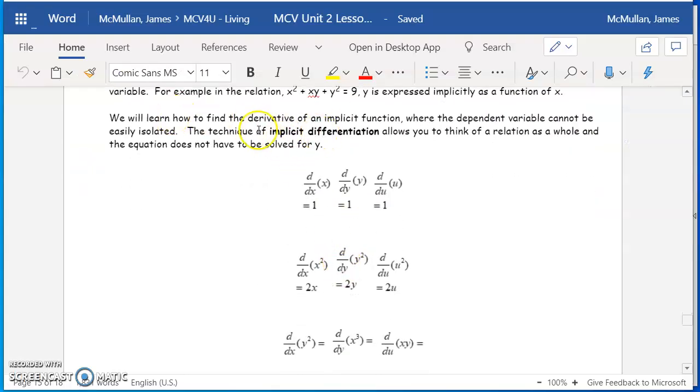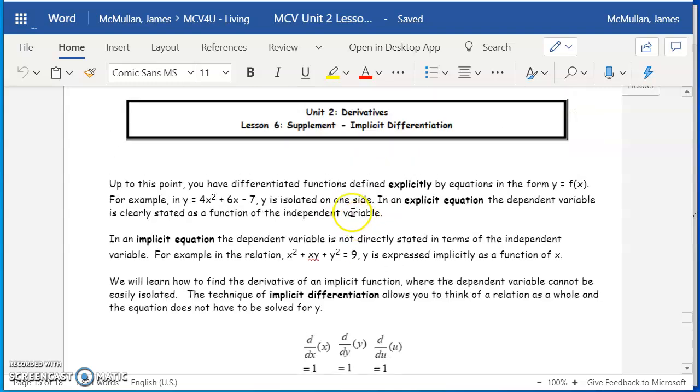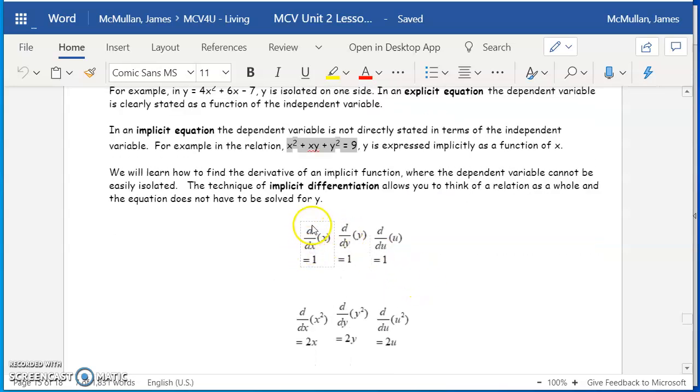So implicit differentiation is the idea that you can look at an equation that has different variables and try to find either dy/dx or dy/du or du/dy or whatever. Remember that the d on the top, whatever's on the top, is what you are differentiating.